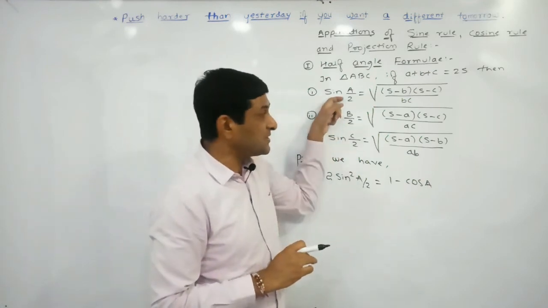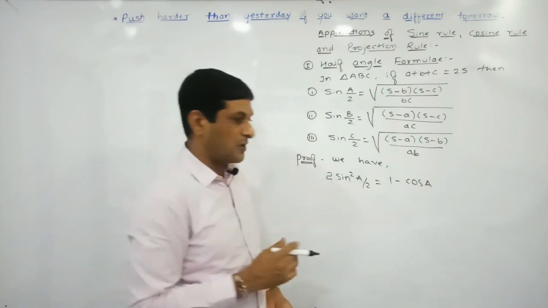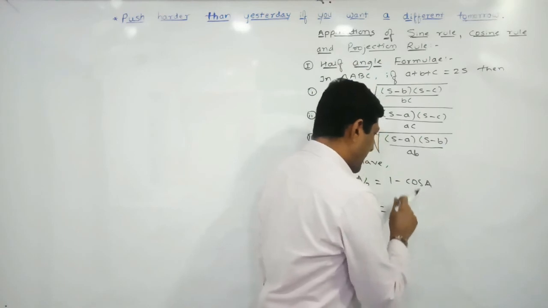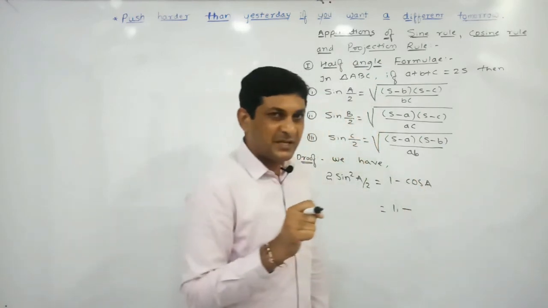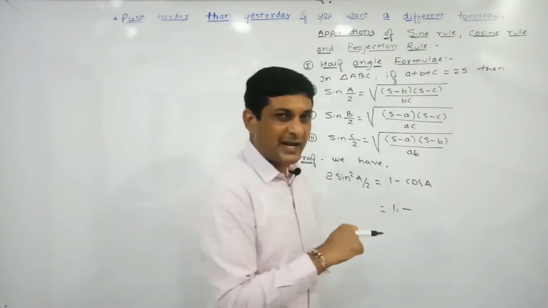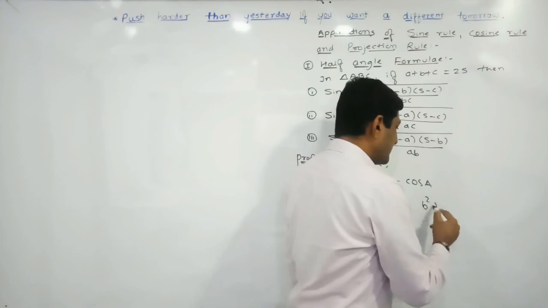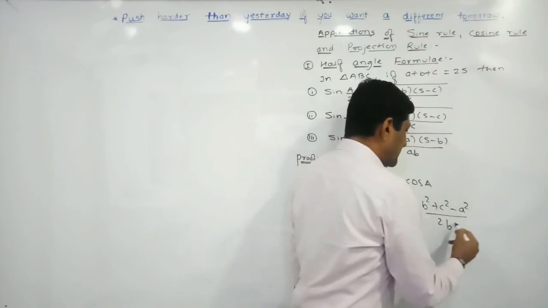Since we have a half angle on this side, we are making use of this formula. Keep this 1 as it is, and this cos A can be replaced using the cosine rule. According to the cosine rule, the value of cos A is b square plus c square minus a square upon 2bc.